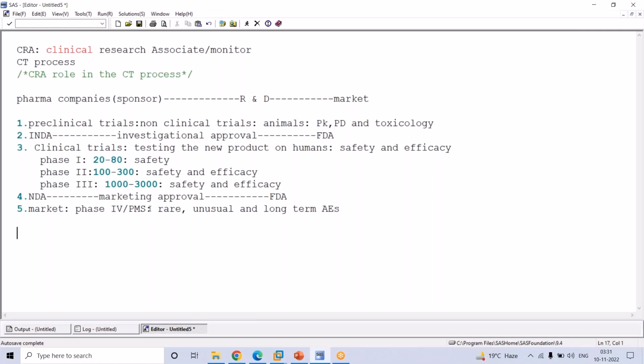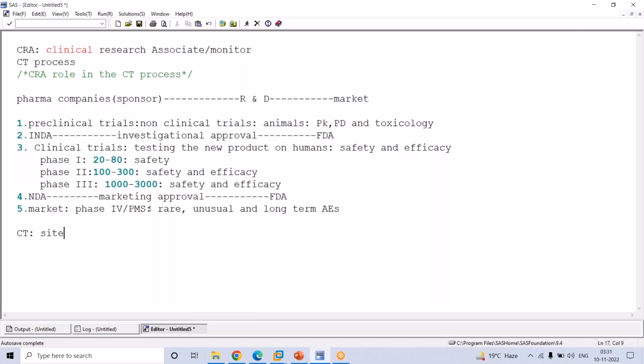So we have the clinical research team. Generally, a clinical trial will be done at the sites. A site is called a clinical site, clinical center, or study site. It is the place where we conduct the clinical trial.